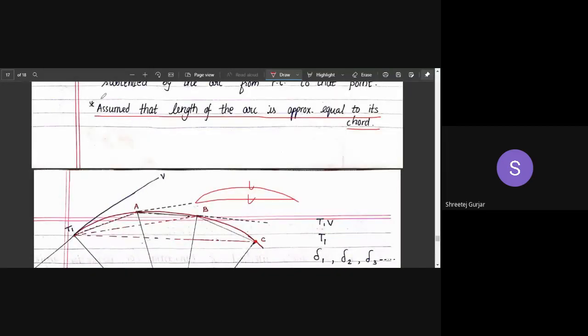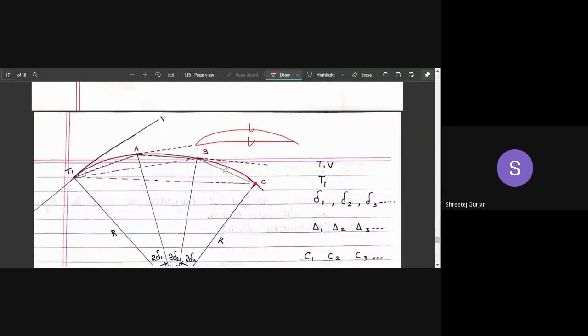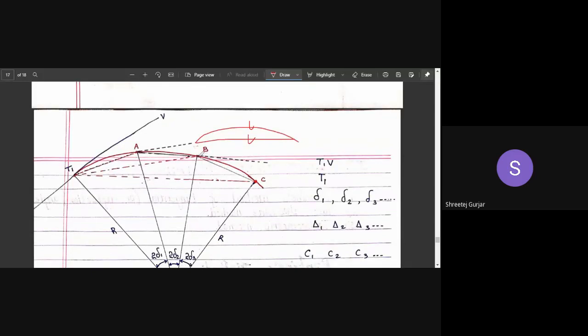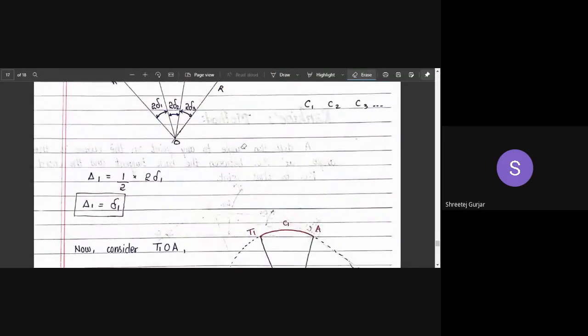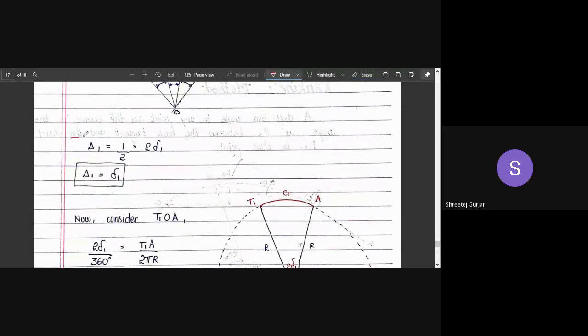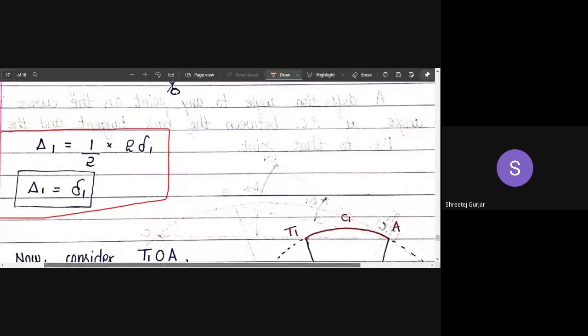You have to write that assumption clearly whenever you are deriving this particular equation. Mention that we assume that the length of the arc is approximately equal to its chord. Suppose it is from B to C, then this arc length is equal to this chord length. Individual arc and individual chord length are equal. Now moving on, I have already derived this from the principle of tangents.